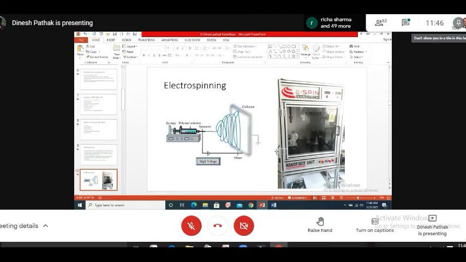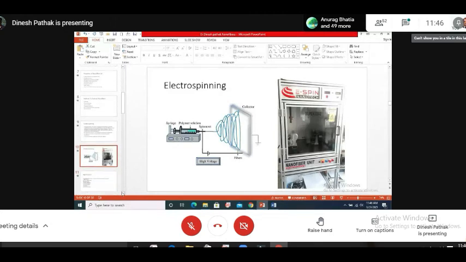This is the drum, the collector, and we have the syringe here. We apply opposite potential, either positive here or negative here. Because of the high potential, the solution is forced from here to make a fiber-like structure over this drum. This is the principle of the electrospinning method.